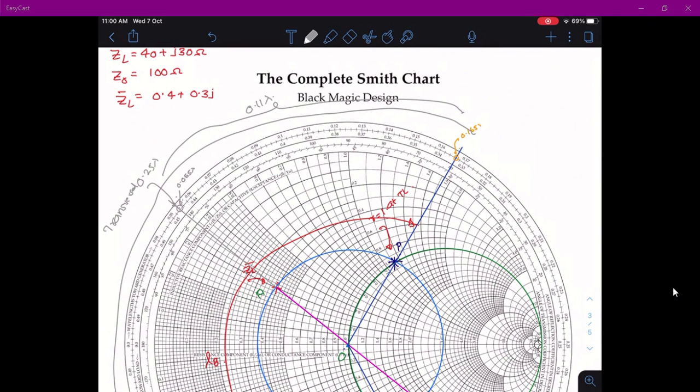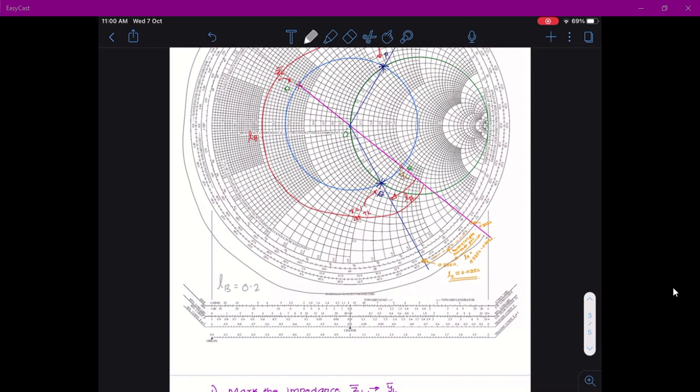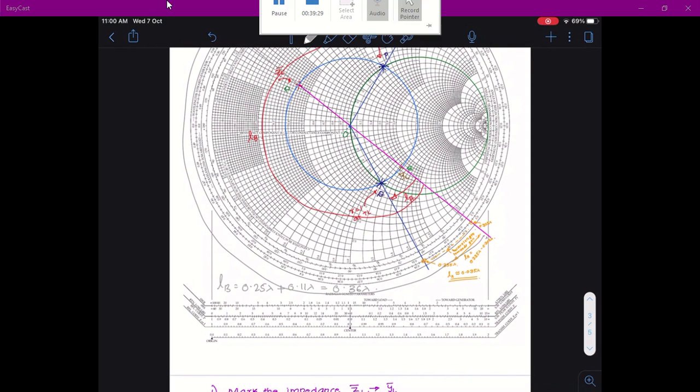So the total distance traversed for LB is 0.25 lambda plus 0.11 lambda, equal to 0.36 lambda. So you can connect the stub either at distance LA equal to 0.035 lambda or at distance LB equal to 0.36 lambda.